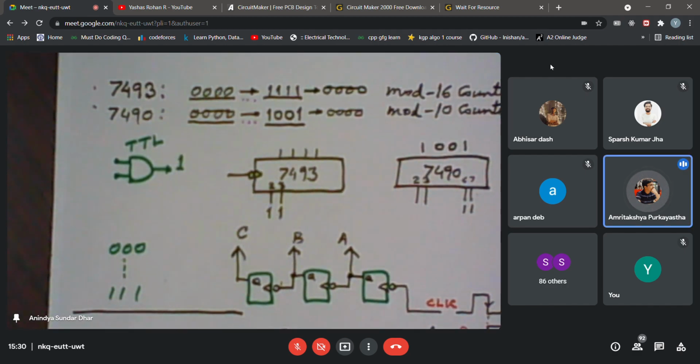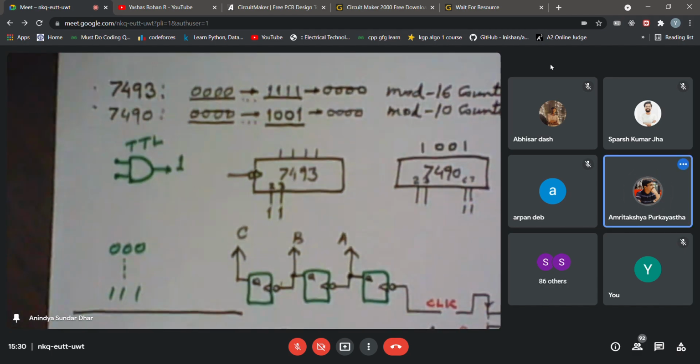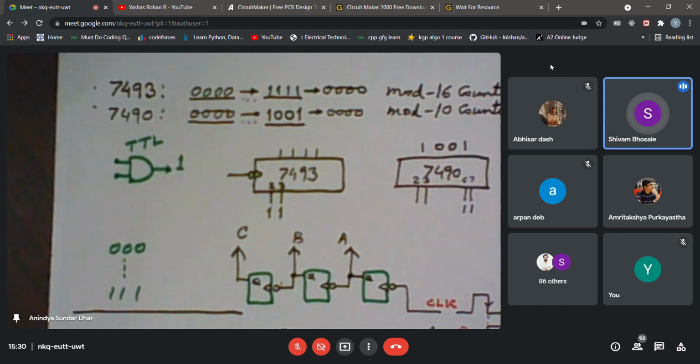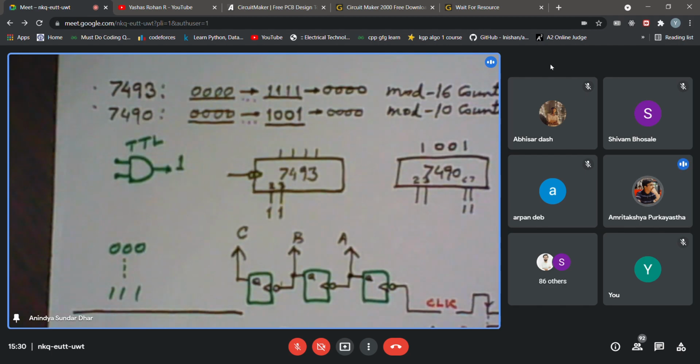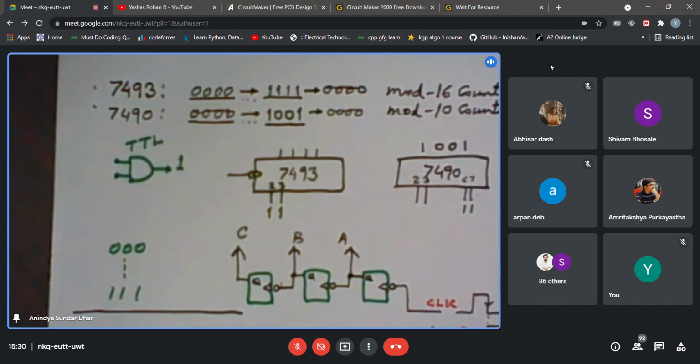The one which makes it 0. No, I think both. The condition is that when both of them are high, only then it will be reset. But sir, one is already grounded, right? No, may not be. That depends on how you connect. Because if one remains grounded, it can never be reset. Yes, sir. Then how will we do it? So you connect the output of the AND gate to both of them, tie them together.